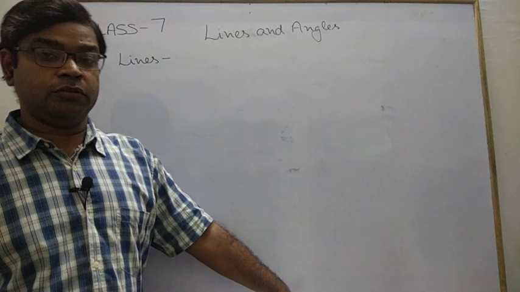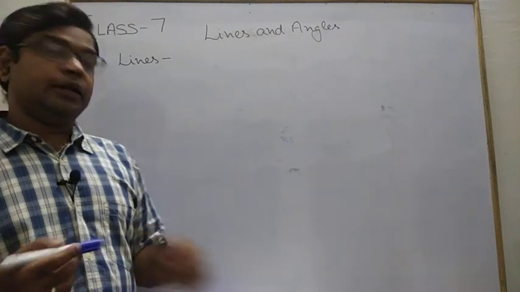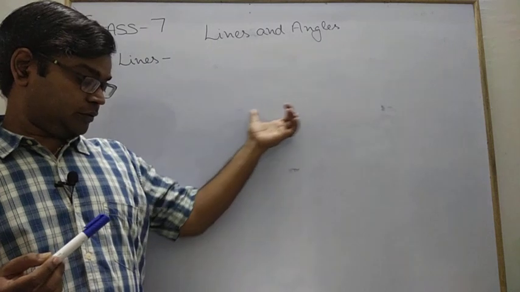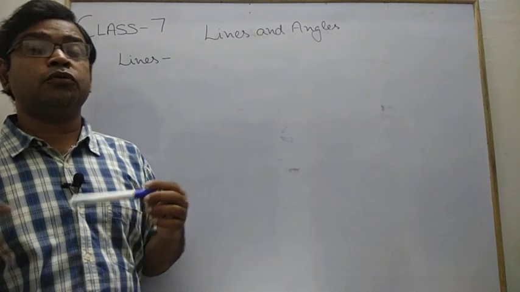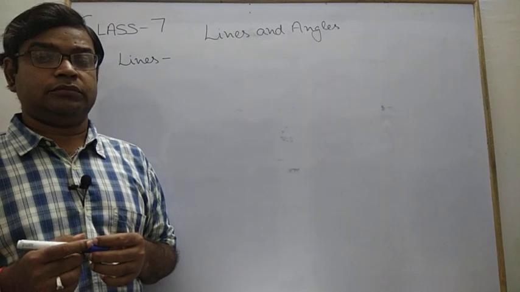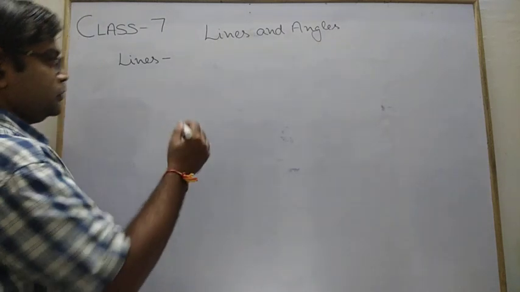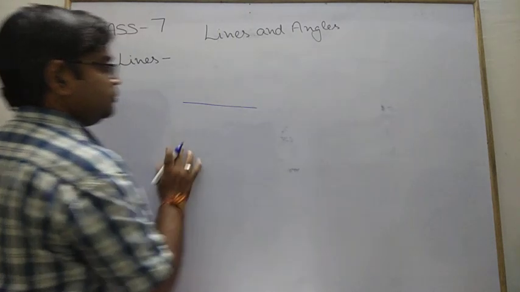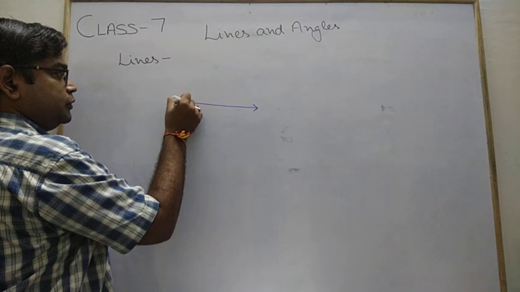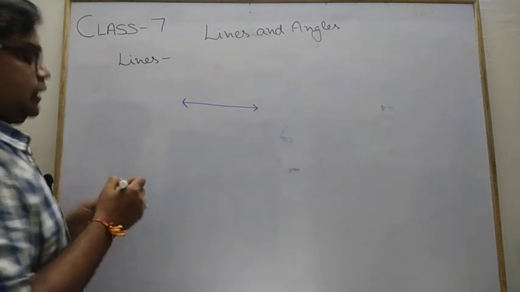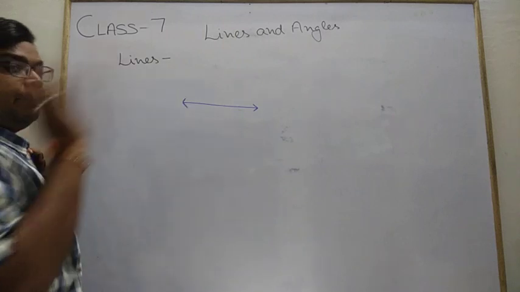The next one is line. As we discussed in lower classes, again we are going to discuss what a line is. A line is a straight path extended on both sides endlessly, meaning infinitely. Suppose this is our path and this path is open from both sides. It may increase this side or this side up to infinity.